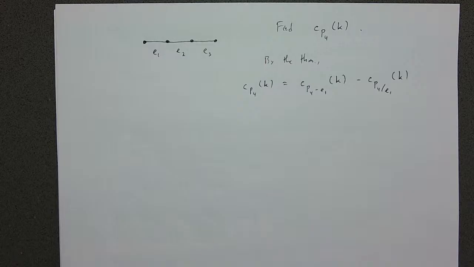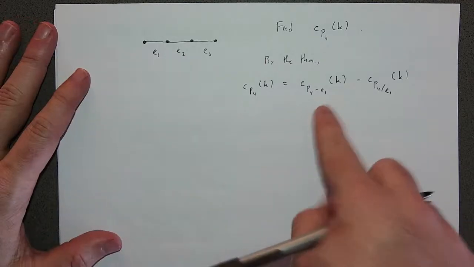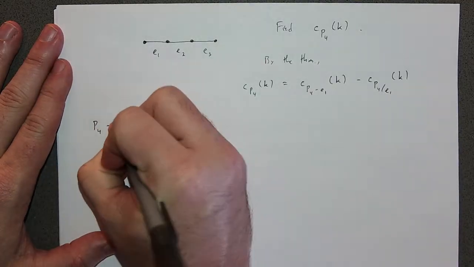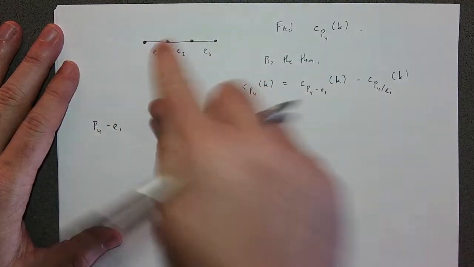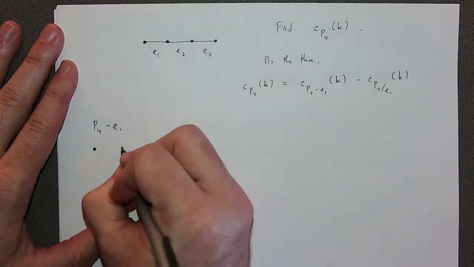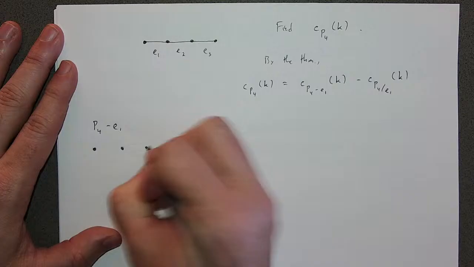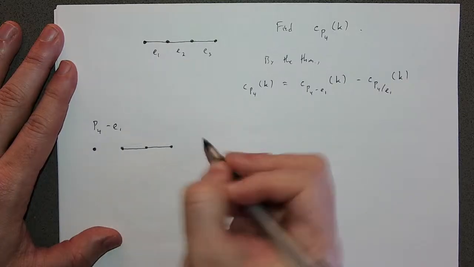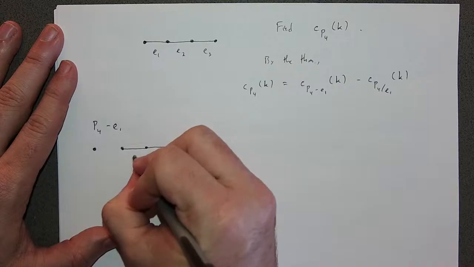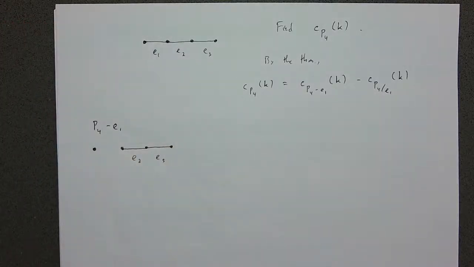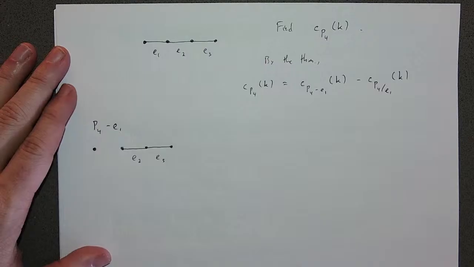So, first of all, what does the path on 4 vertices minus the edge E1 look like? Of course, we know what that looks like. It looks exactly like the path on 4 vertices, except I've taken this edge off, and now I still have E2 and E3 here, but edge 1 has been deleted. Here's what it looks like.